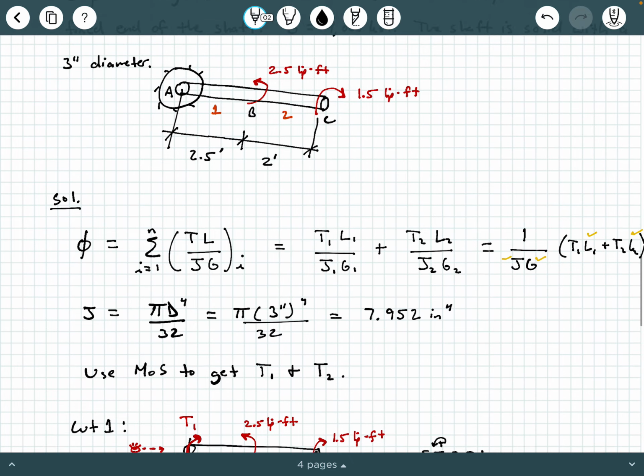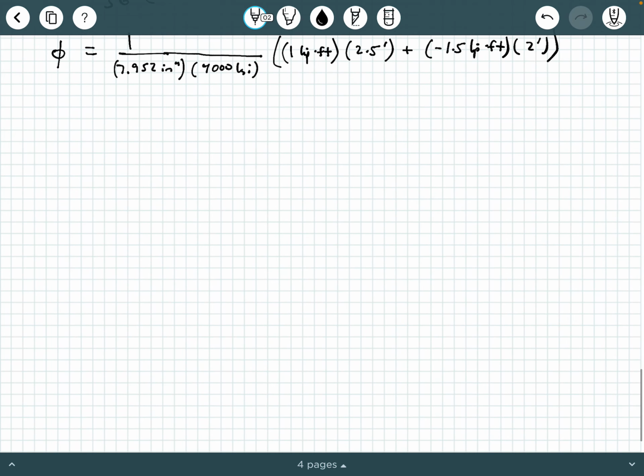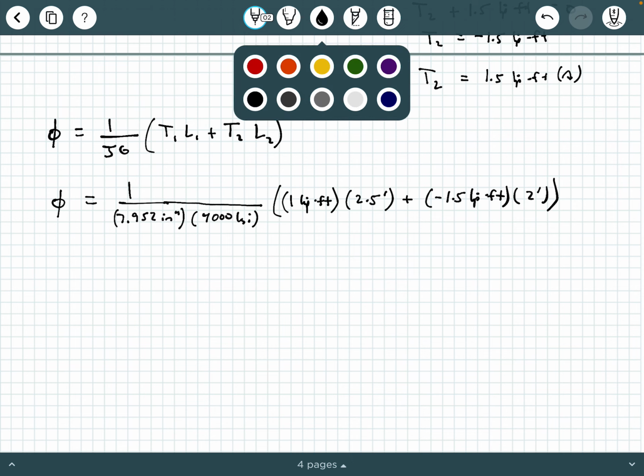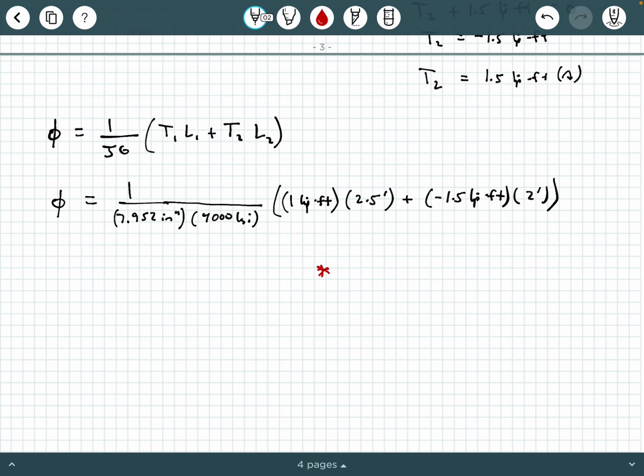Now, let me ask you guys a question, everybody who's watching, all right? Is this correct? Am I done? Do I just get excited and punch this in my calculator and get a final answer for phi? No, okay? You have to watch your units, okay? Let's make a note here. Make a star.